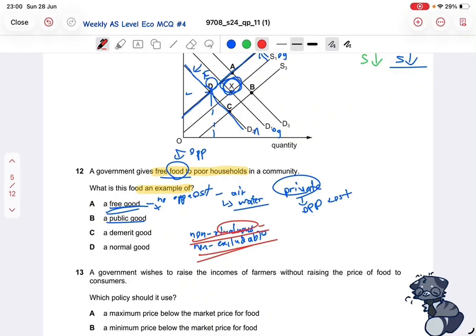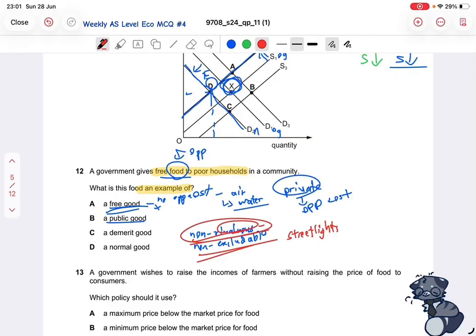So a classic example of a public good are streetlights, because streetlights are little lamps on the side of the road that give you light at night. I can use the light of the street light to see the path ahead. However, me using that light does not diminish its use for another person passing by. So that makes it non-rivalrous.